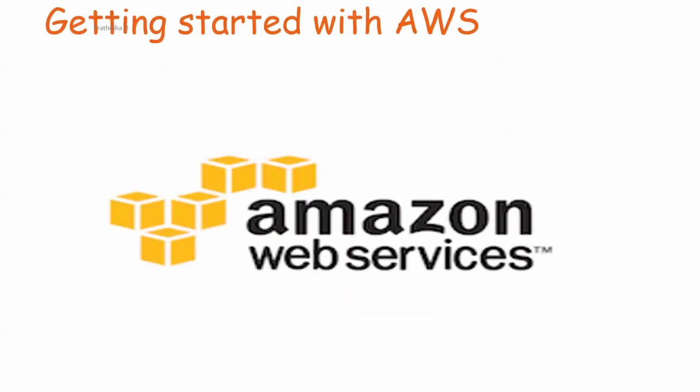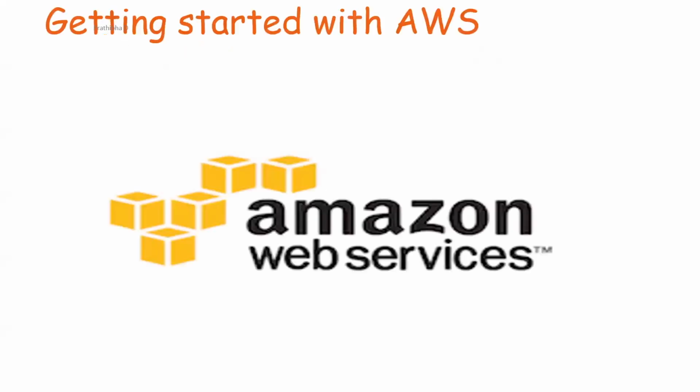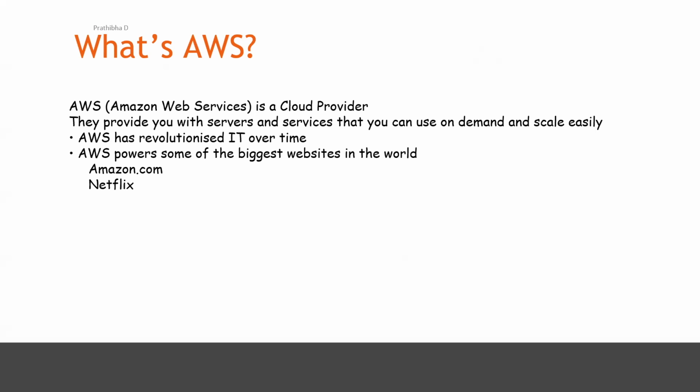Next, we'll be starting off with your main topic, that is AWS. As I mentioned, it is one of the main cloud service providers. When compared to other service providers, it has a higher demand because of its features.